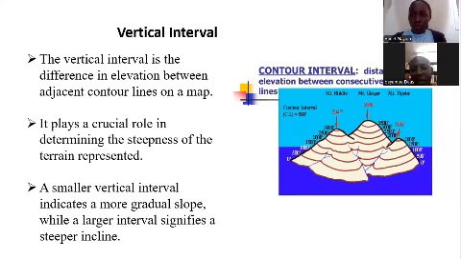We subtract the lowest from the highest. Now we get the vertical interval, and a smaller vertical interval indicates a more gradual slope, while a large interval signifies a steeper incline.